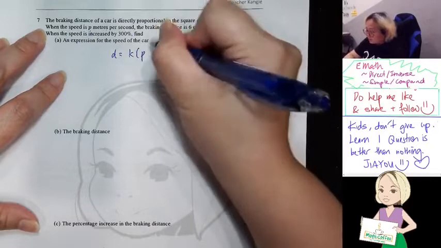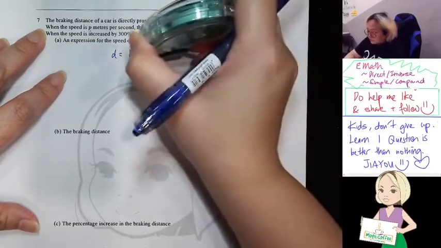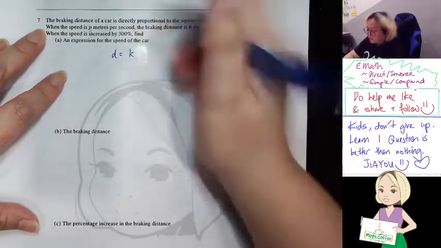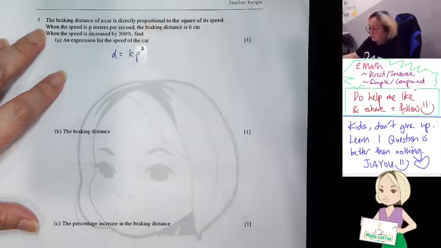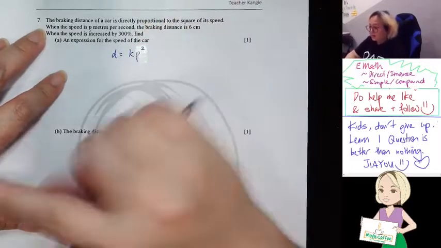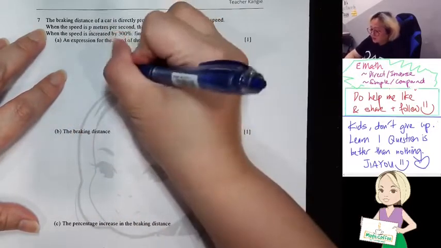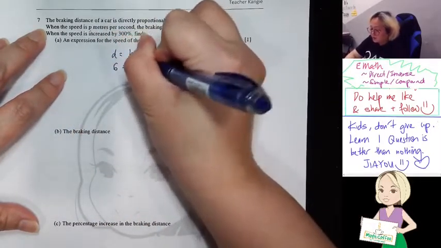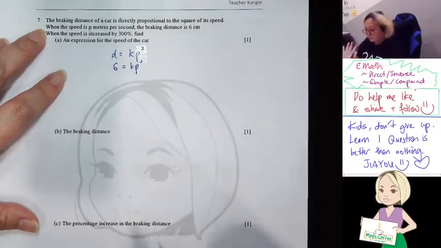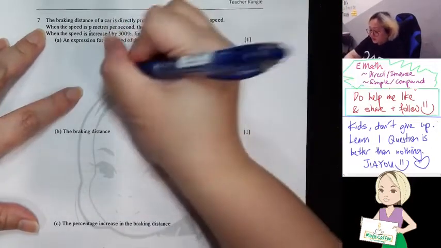So the formula is K P squared. Then they tell me, if my speed is P, the braking distance is 6. So 6 is equal to KP squared. Now what is my new speed?